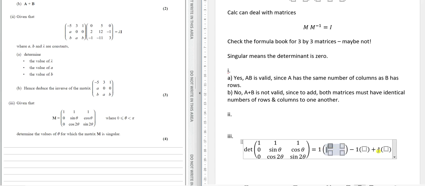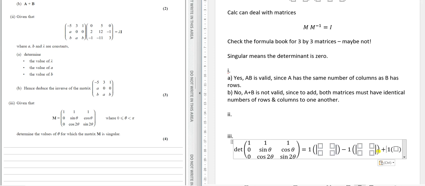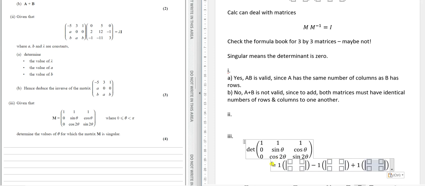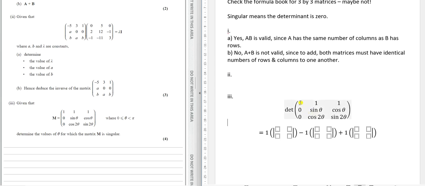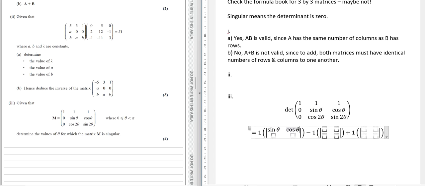And what I care about is not the matrix itself, but rather its determinant. And in each case, the determinant I'm interested in will correspond to whatever terms are left over when I consider, say, this term. I'm looking at the matrix formed by sine theta, cos theta, cos 2 theta, sine 2 theta.